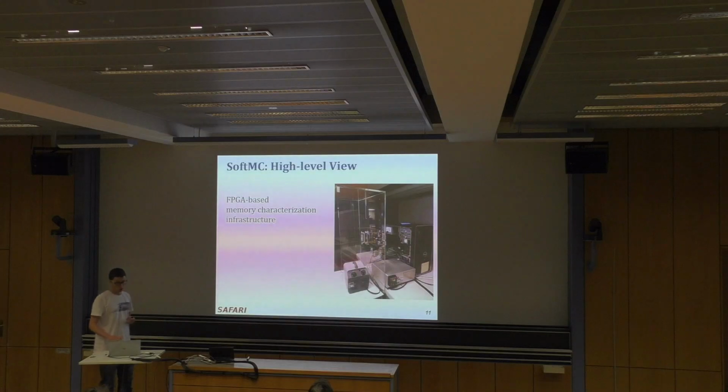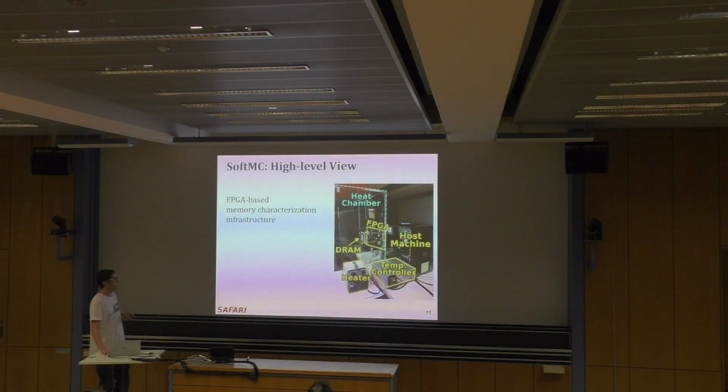So this is how one instance of the infrastructure looks like. Let's start from here. We have a heat chamber which isolates a DRAM module that is here from the outside world. We have a heater inside the same heat chamber, which is controlled by this temperature controller.